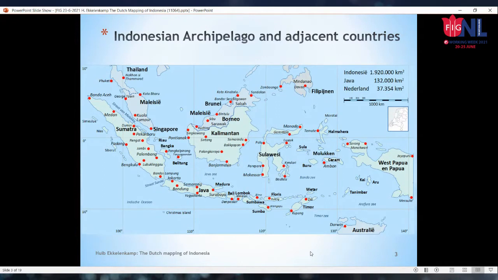You have Sumatra on the left, Kalimantan on the north, and you see that there are many, many islands, about 18,000 islands. And you see also a little bit about the comparison with the size of the Netherlands in the little map on the right-hand side in comparison to the enormous area of Indonesia.